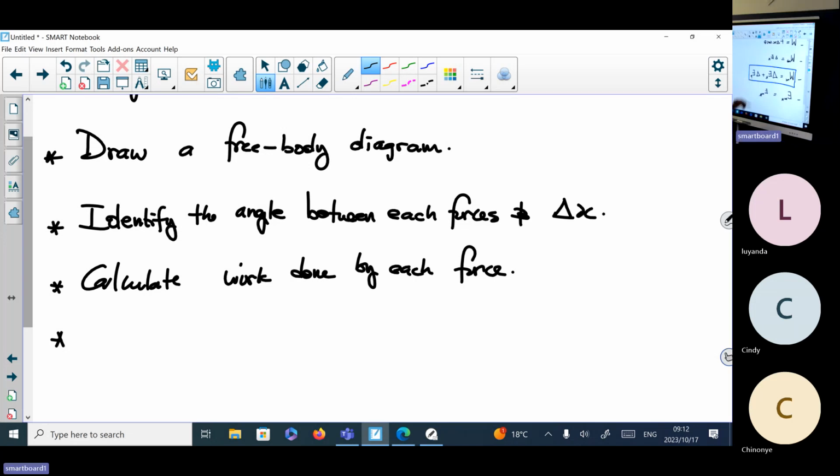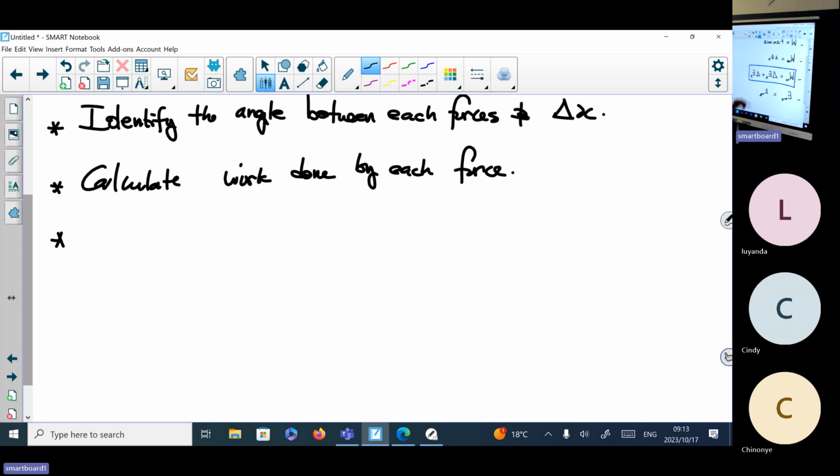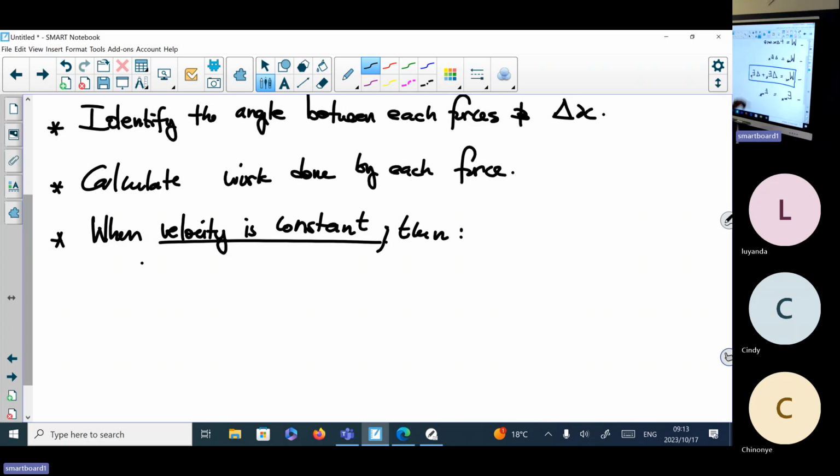So those are the few things. Draw a free body diagram, identify the angle between each force and the displacement, calculate the work done by each force. That is what we're going to be looking at. Then we're going to look at certain keywords, such as what? When they are telling you that the velocity or speed is constant, if they are telling you that the object is moving with a constant velocity, then this is what you need to know.